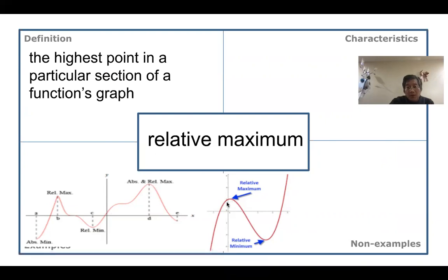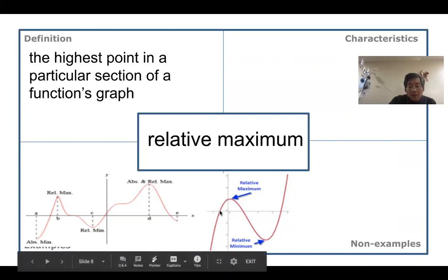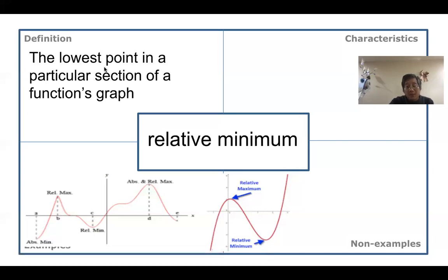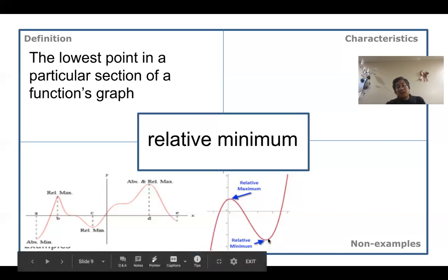So at a turning point, it hits the maximum and goes down, and then this is another turning point, it hits the minimum and goes up, right? So this we call relative maximum, and this we call relative minimum. So relative minimum is the lowest point in a particular section. Everybody get it, right? Then let's find them by using the calculator.